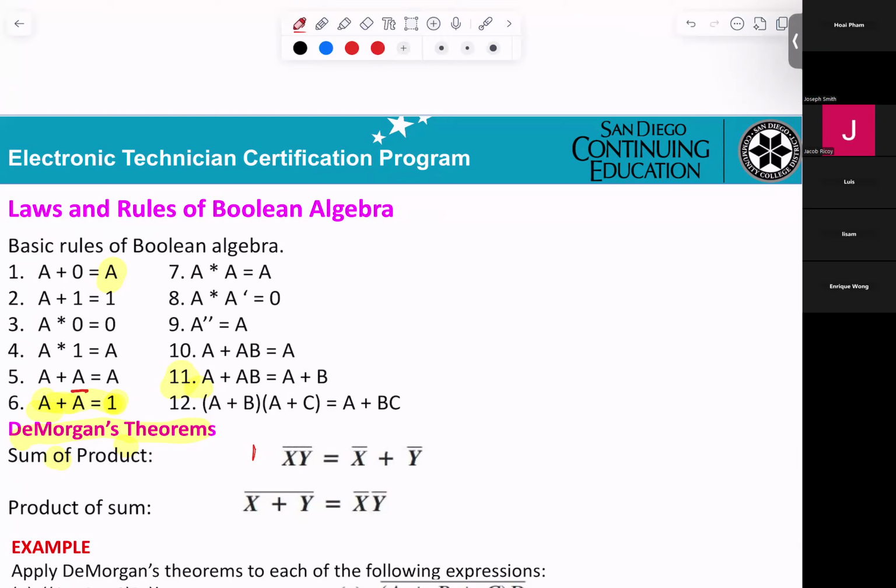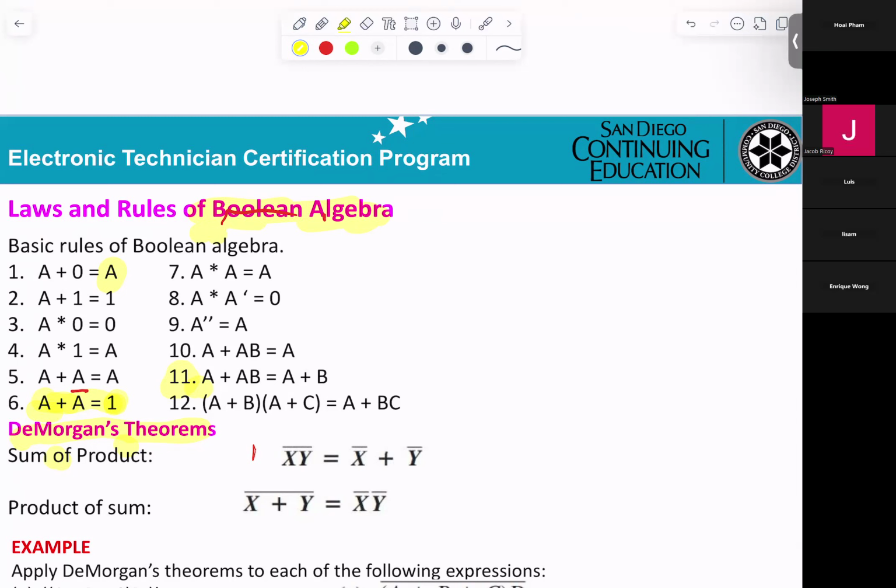Laws and rules of Boolean algebra. A plus 0 equals A. A plus 1 equals 1. A times 0 is 0.